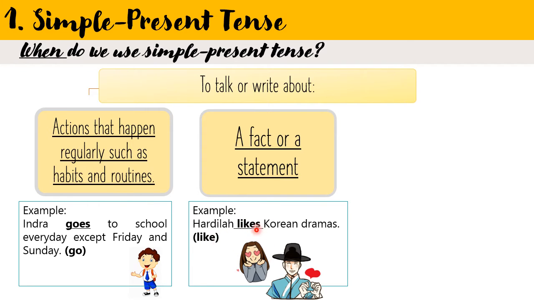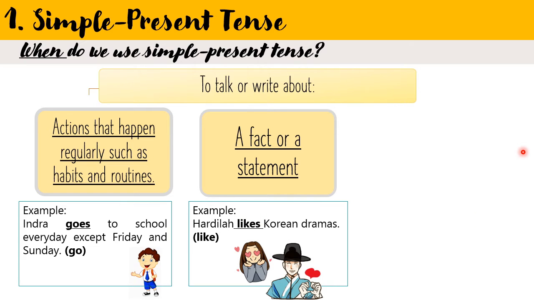So the verb here is like, and the subject is Hardila, okay? So, what do you notice here? When the subject is only one, like Indra and also Hardila, what happens to the verb is there's es or s, okay, at the end of the verb. That's what we are going to revise after this.